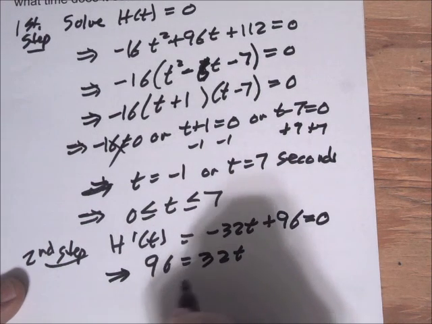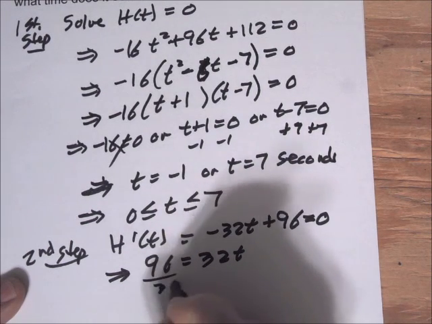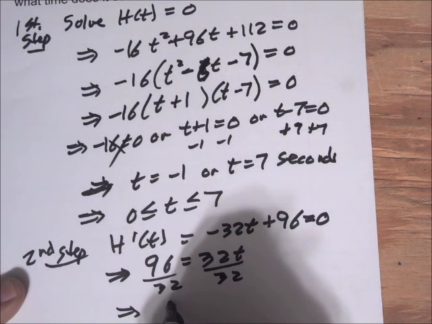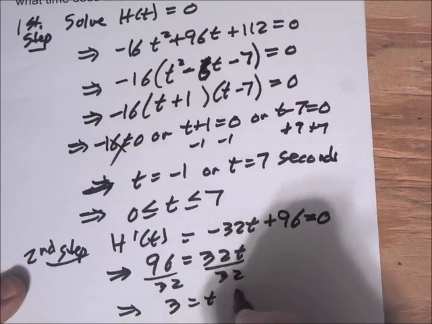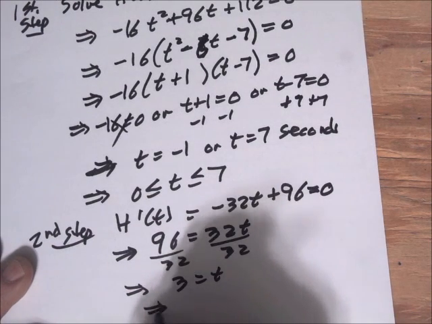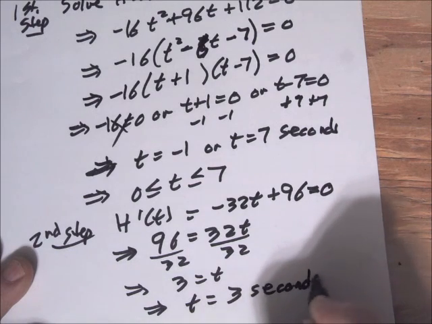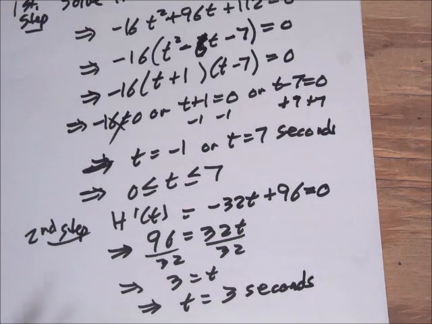Then divide by 32, and you get 3 equals t. So t is equal to 3 seconds. That's the only critical number there.